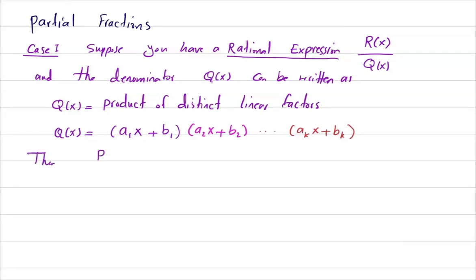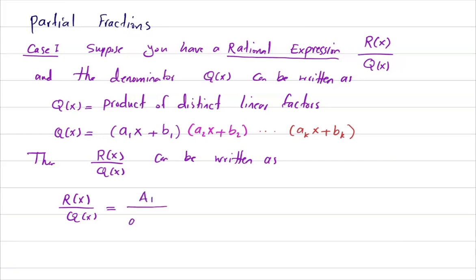Then R of x divided by Q of x can be written as A sub 1, which is just a number, divided by A sub 1 x plus B1, plus the second fraction, A sub 2 divided by A sub 2 x plus B2, plus the rest of the terms, A sub k divided by A sub k x plus B sub k.